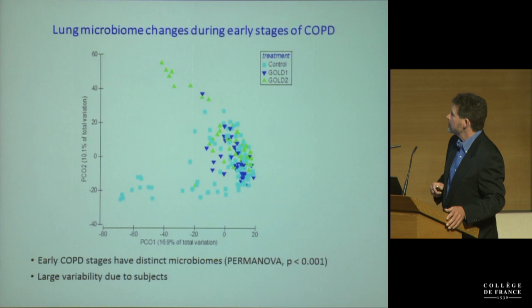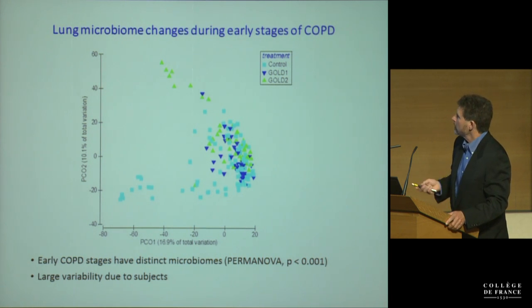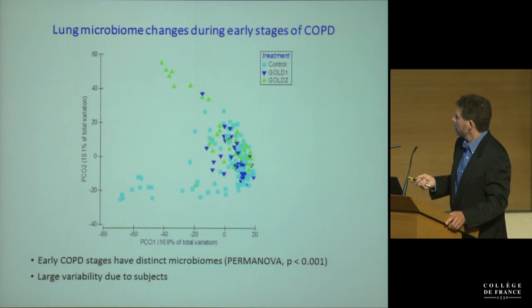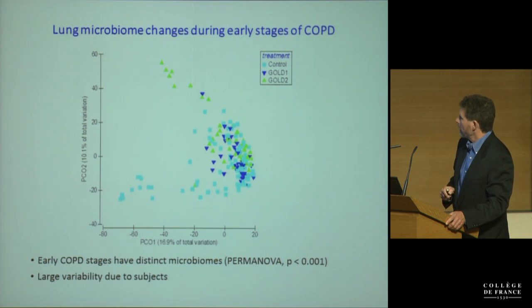And when we ordinate these data, the differences are a bit less obvious between these groups, but we still see distinct communities with these different stages of COPD versus the control. And so, again, it's emphasizing the variability of the community, but each of these groups has a significant community structure based on PERMANOVA analysis.